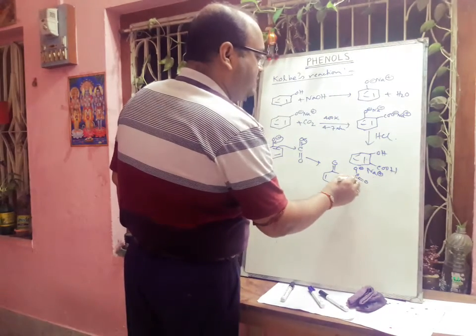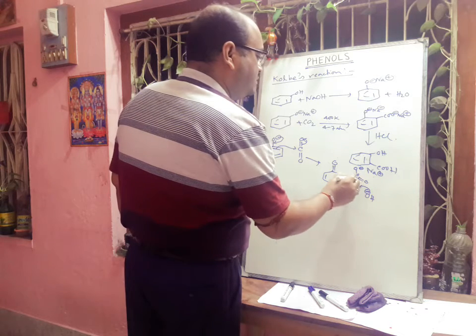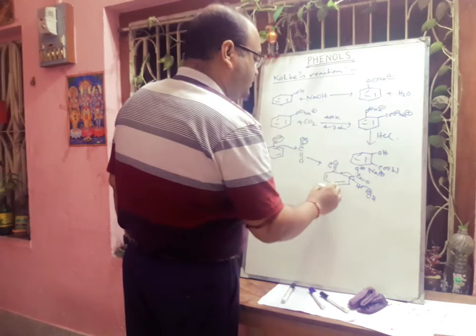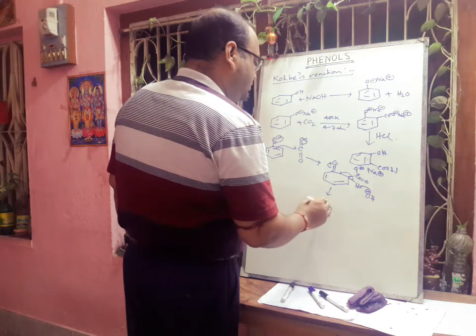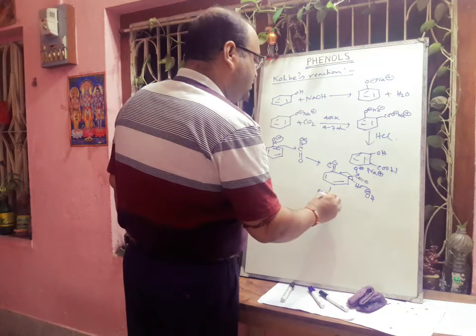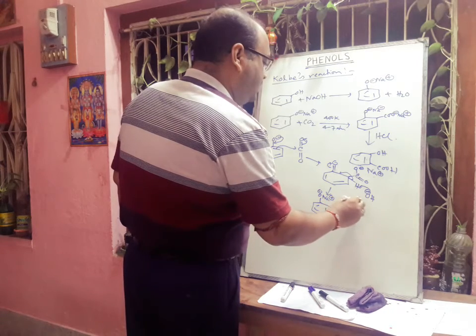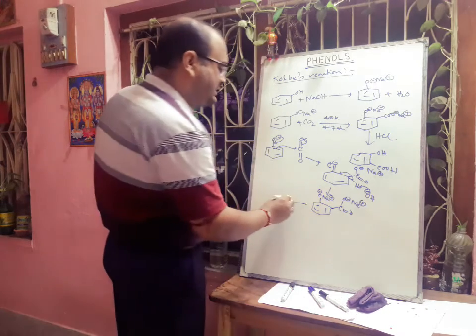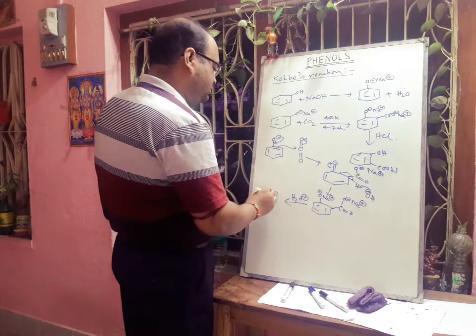Then in the next step, OH minus will take this hydrogen and it will go here, giving O minus Na plus and C double bond O minus Na plus. So the final acidic workup will give us salicylic acid.